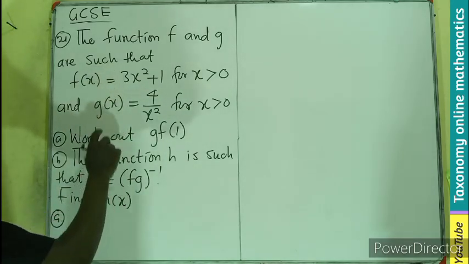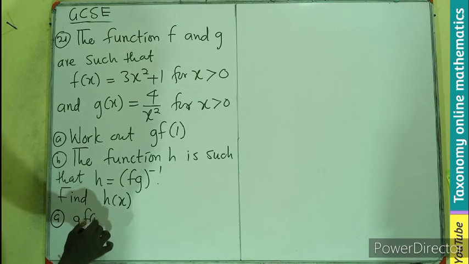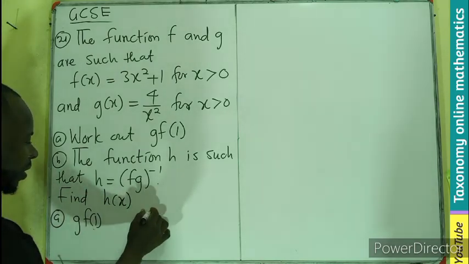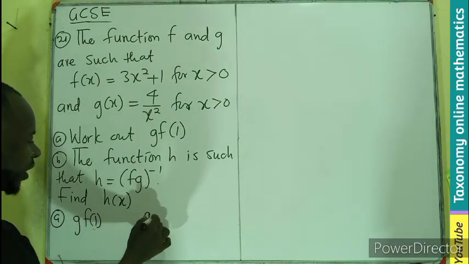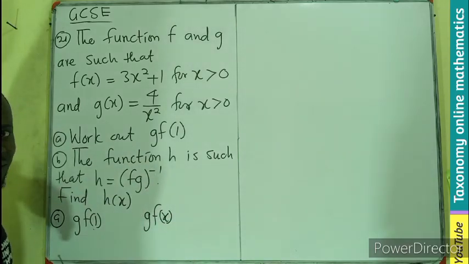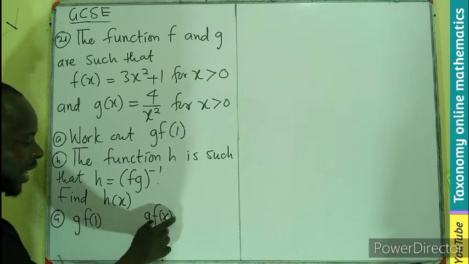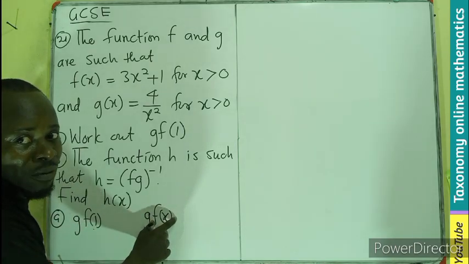In the case of this, if I pick g of f of 1, there are two ways we can do this. We can first pick the g, then I pick f of x, and whenever I see the x in the g, I introduce the function f of x.